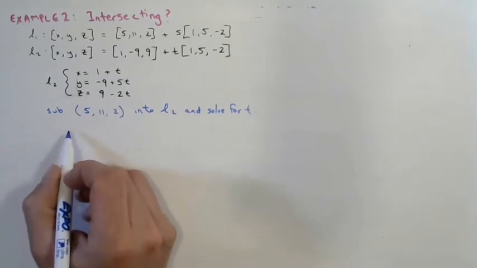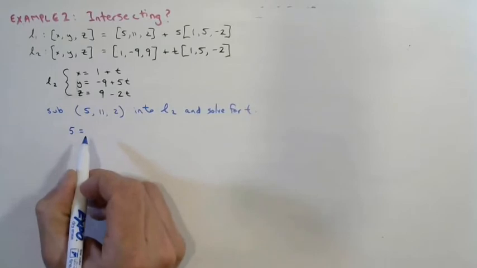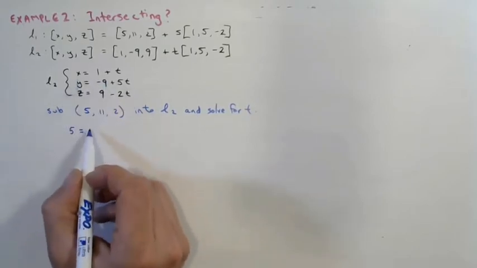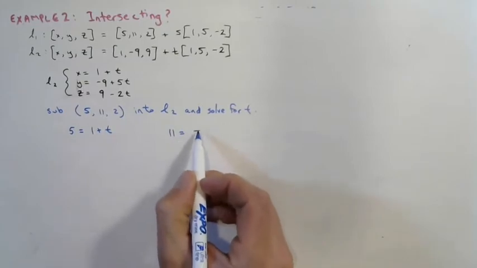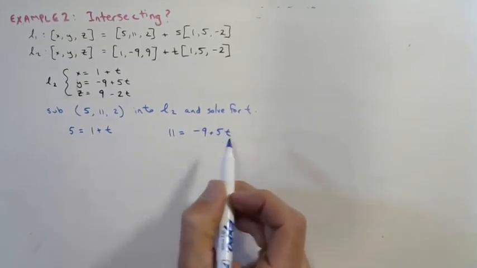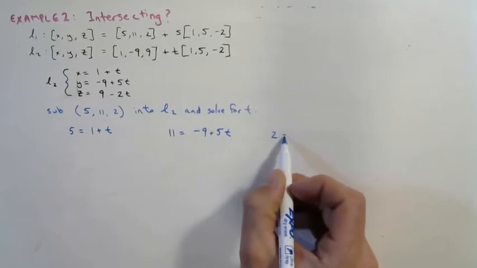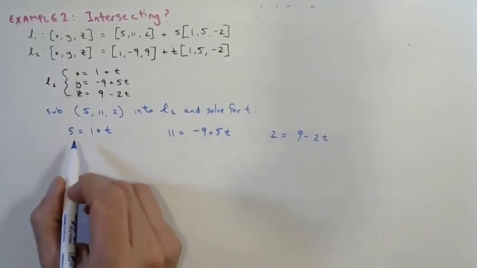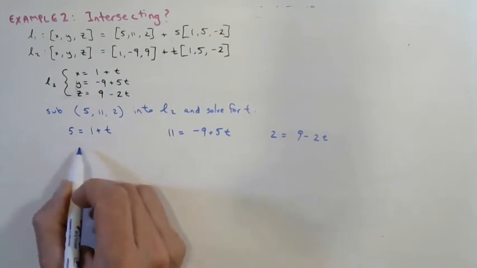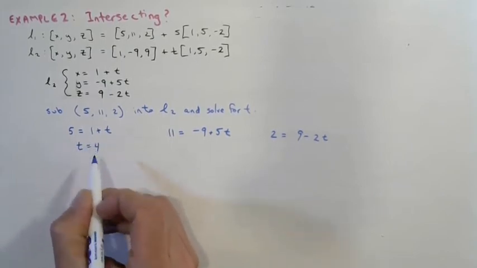So here we go. We've got 5 equals 1 plus t for x, 11 equals negative 9 plus 5t for y, and for z, 2 equals 9 minus 2t. Here we subtract 1 from both sides, we get t equals 4.